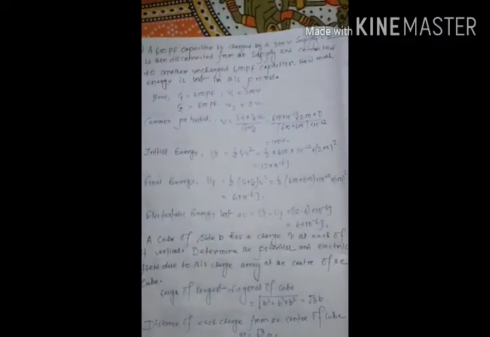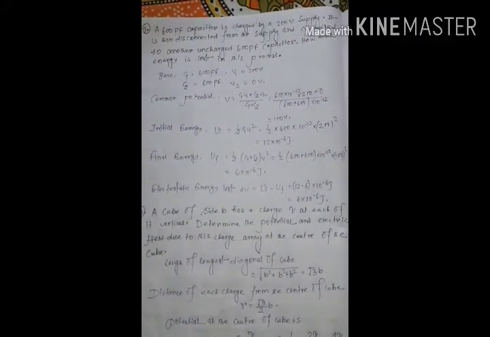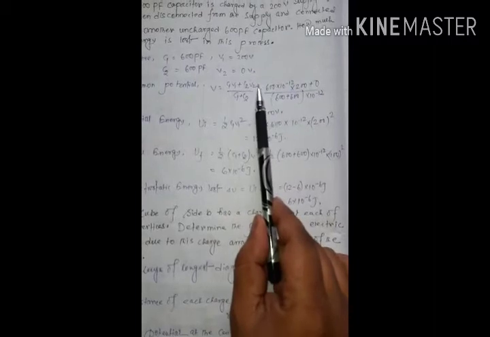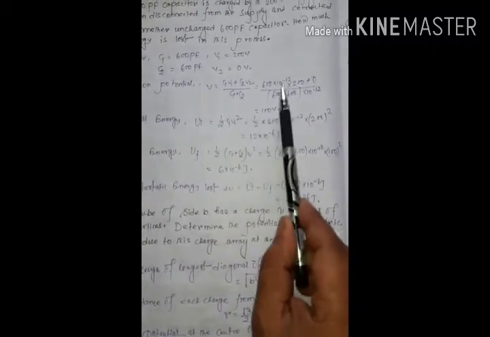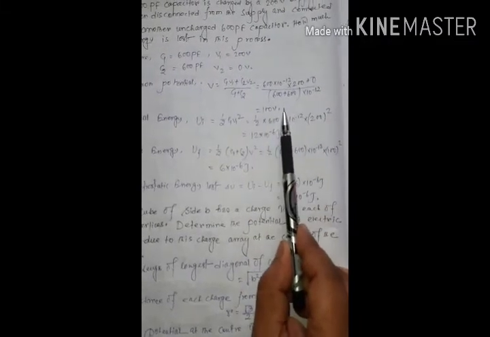Now whenever these two capacitors are connected with each other, both capacitors attain a common potential, which is given by V equals C1 V1 plus C2 V2 by C1 plus C2. By putting the values of C1, C2, V1 and V2, we get the common potential V equals 100 volt.